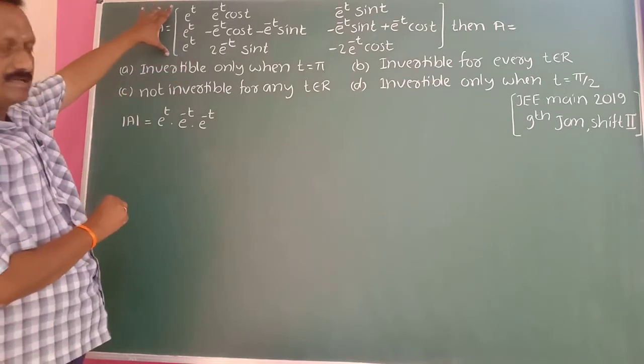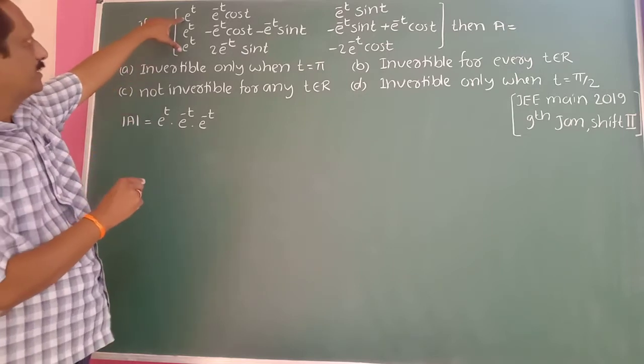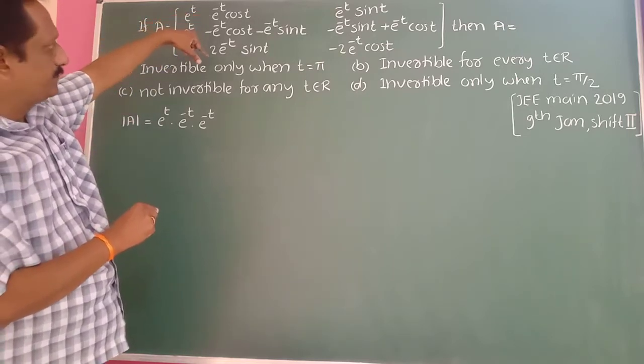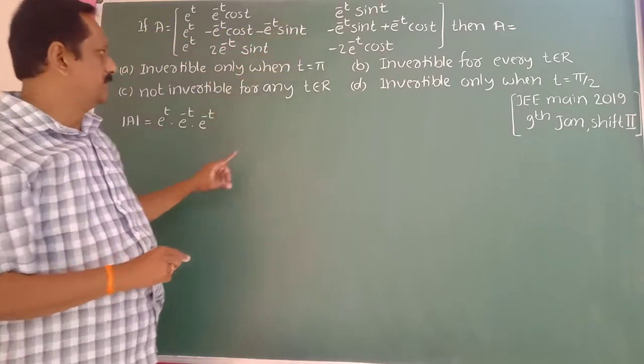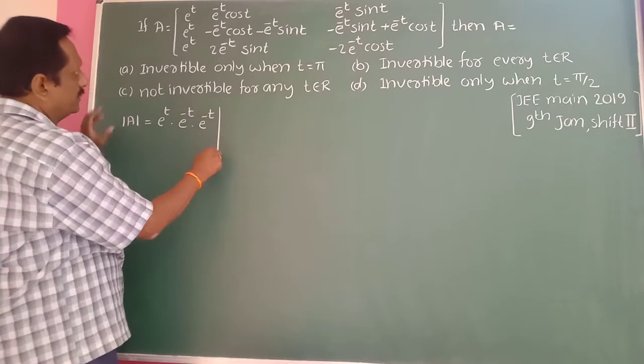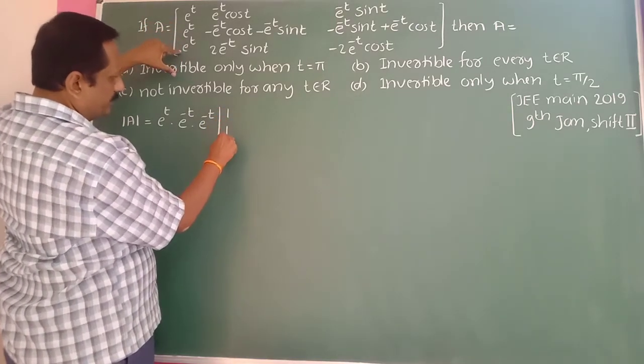Take the determinant, then you can take the common factors: e raised to t from the first column, e raised to minus t from the second column, and e raised to minus t from the third column. Therefore, the remaining elements in the first row are 1, 1 and 1.